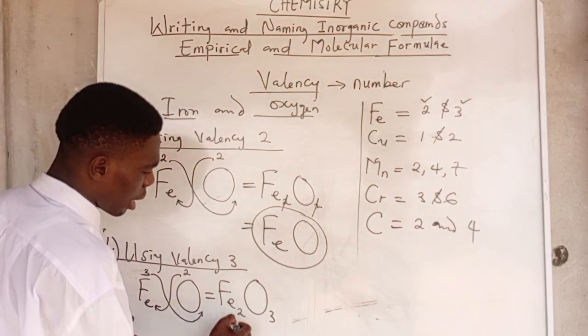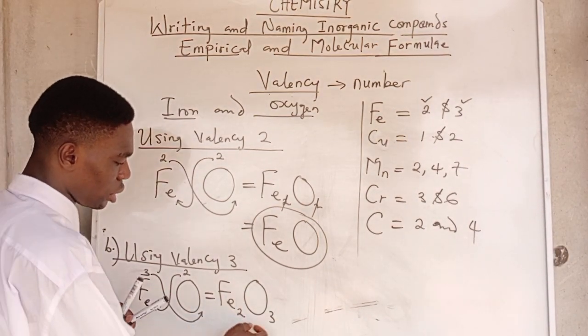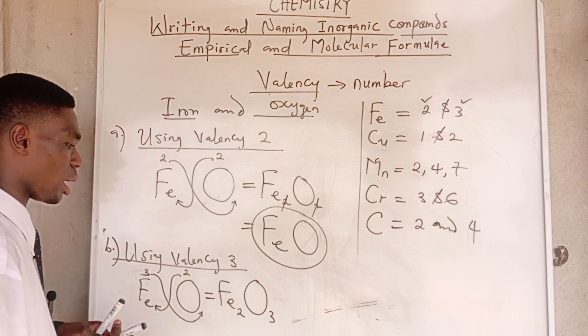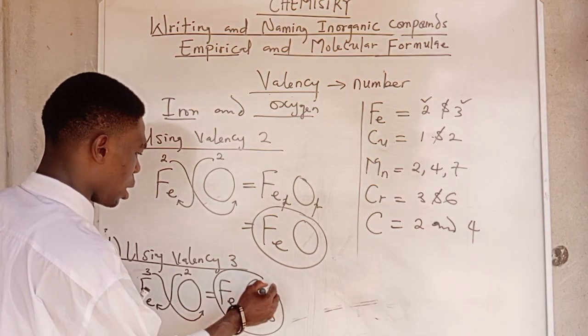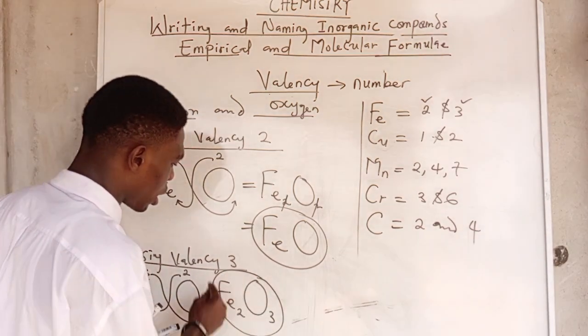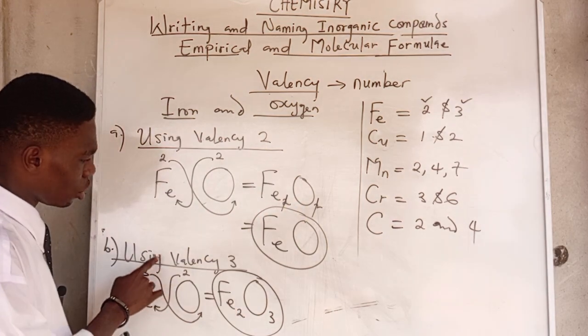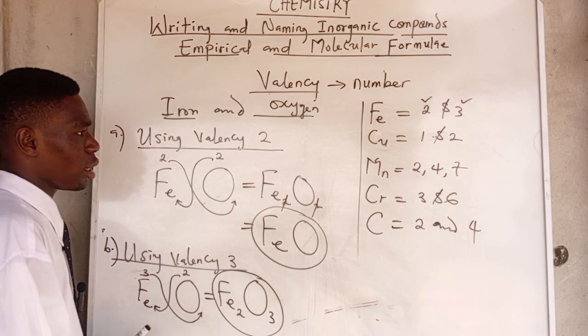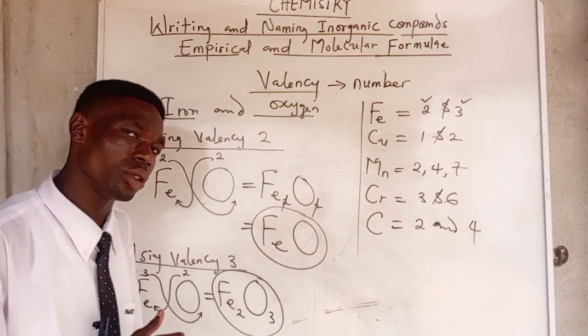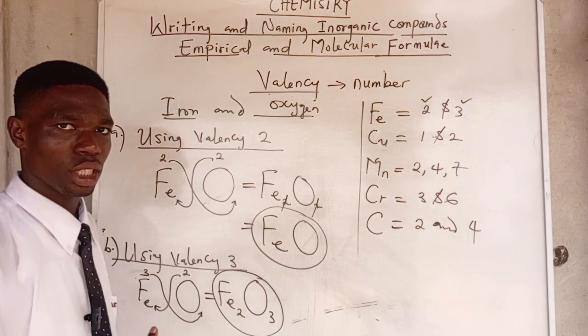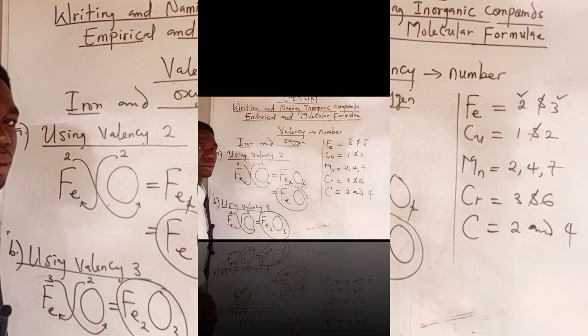Now, we can't cancel out anything because we don't need decimals, because 2 cannot go into 3 without any remainder. And so we will leave it this way. And so this is the chemical formula for the combination between iron and oxygen using valency 3. Are we together? So the next thing we're going to do now is to name these inorganic compounds.